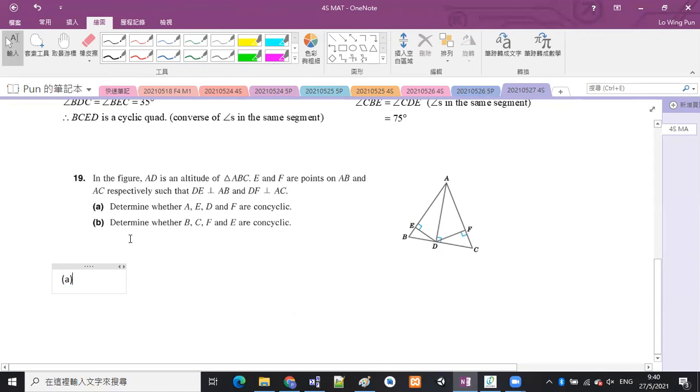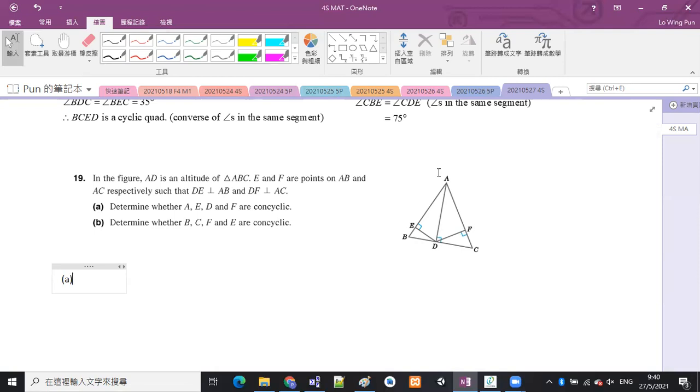Part A, determine whether AEDF are concyclic. AEDF is this one. We do not have two diagonals here, so most probably we are not going to use angles in the same segment. We have an exterior angle.